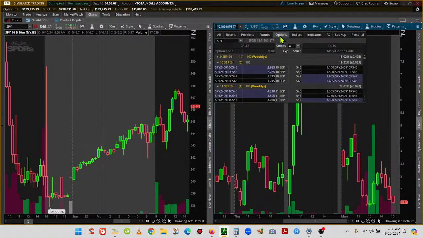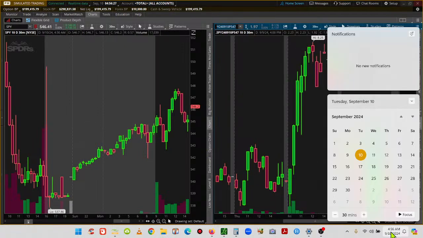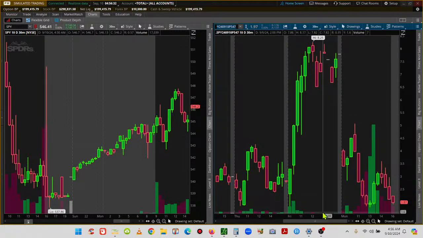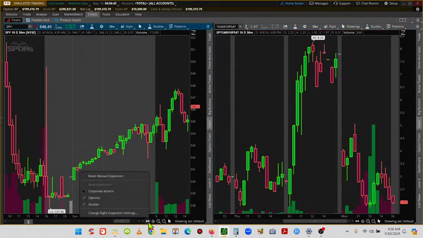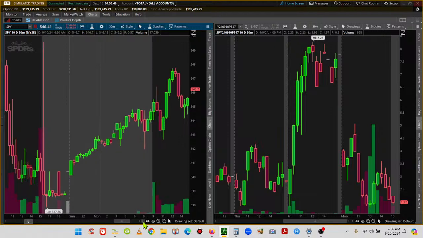It was still in the money when it opened at 544.65 on Monday, September 9th. So that's why this thing just tanked in price. The options contract tanked in price because of the SPY going up in price.